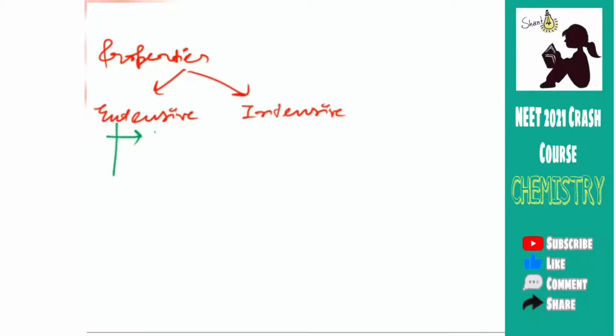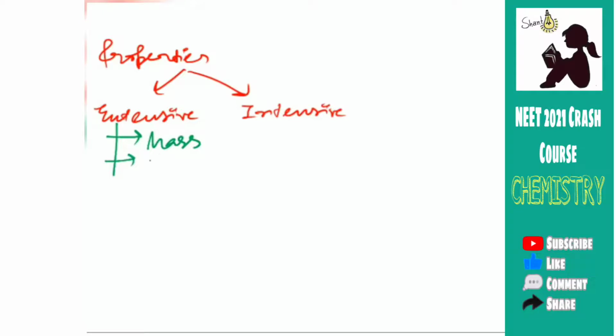So if we just remember the extensive properties, all the rest of the properties are intensive properties. If in the exam questions come asking whether a property is extensive or intensive, you can just see whether any of those 5 properties is given there or not. If they are given there, that will be extensive. If they are not given there, then that will obviously be an intensive property. So we are gonna just remember the 5 extensive properties.